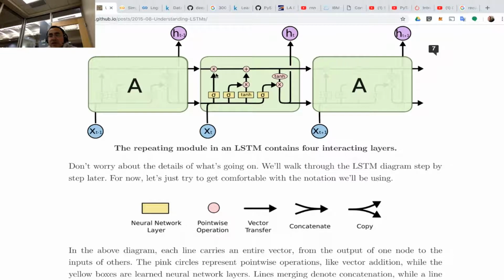The output of this goes through element-wise multiplication with the input from here, while the output from here goes through multiplication with the input of another neural network with a different squashing function, and then after that is added pointwise with the output from this guy.